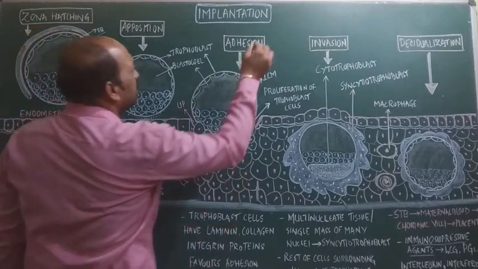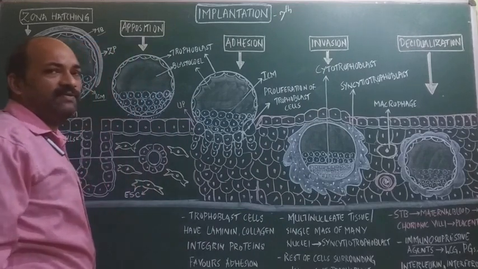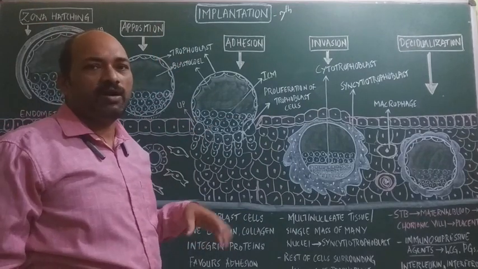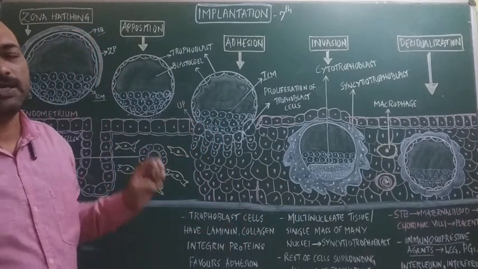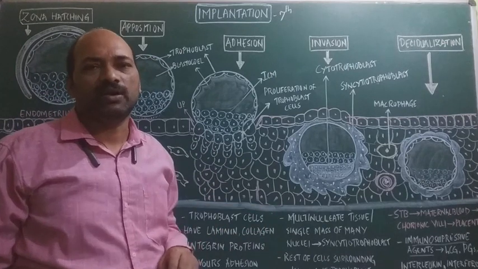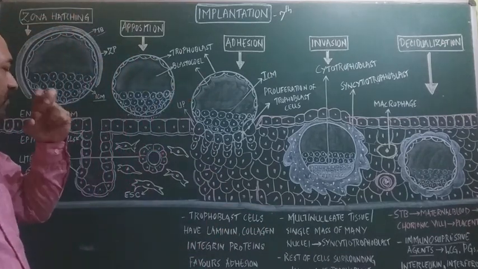Implantation, as you know, occurs on the 7th day after fertilization. How does it occur? What changes take place in the blastula, and what changes occur in the endometrium? We'll discuss that in this video.